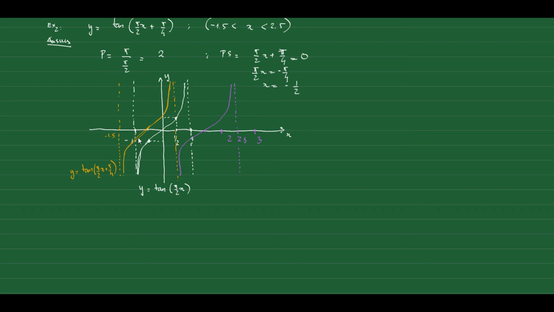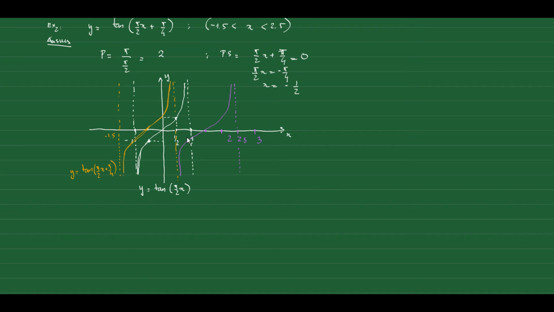Okay, and now the yellow and the purple together give you the graph on the restriction they want you to sketch, which goes from negative 1.5 to 2.5. Good.